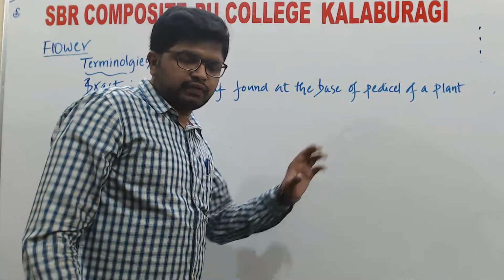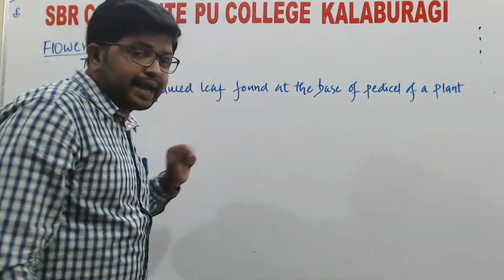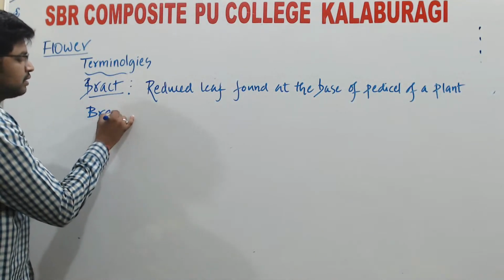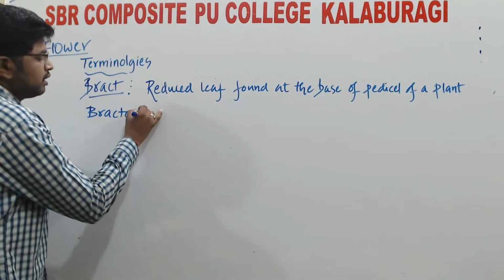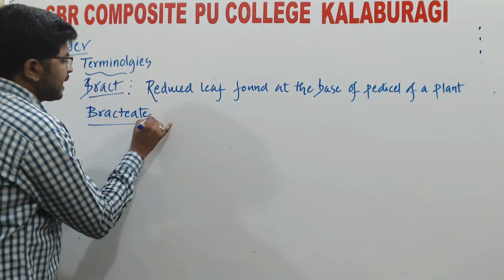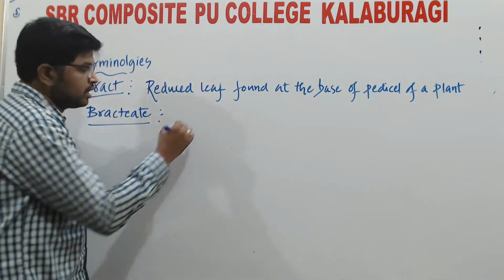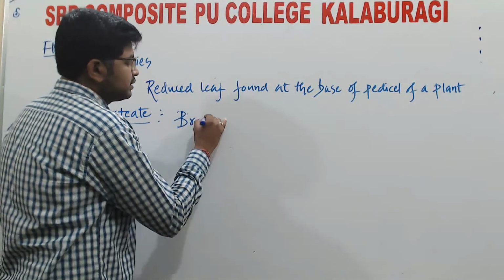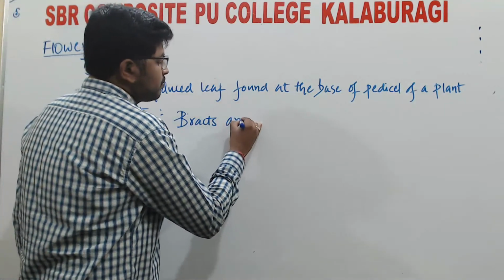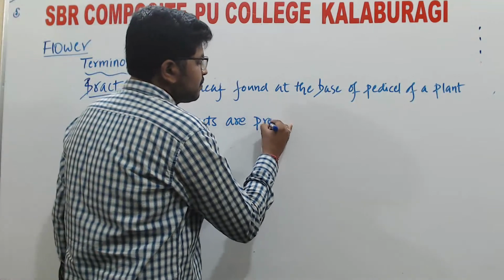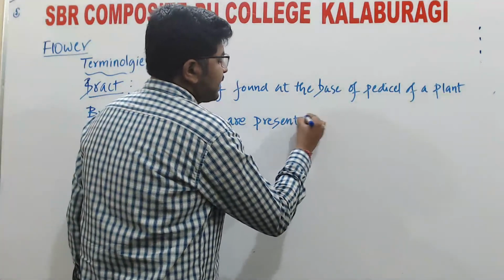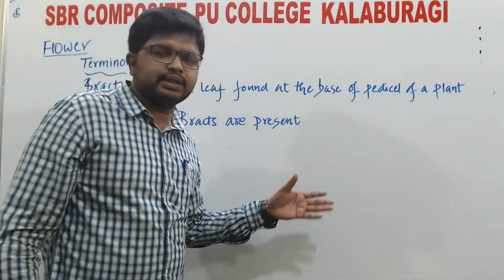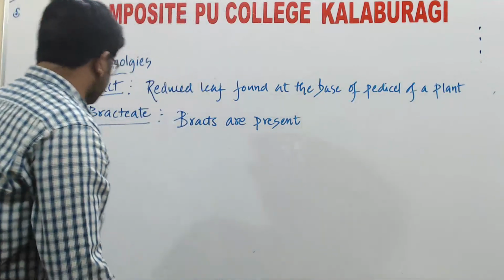Those flowers that have bracts, we call bracteate flowers, meaning bracts are present. You can consider the examples of Liliaceae, Solanaceae, Fabaceae, where the bracts are present.